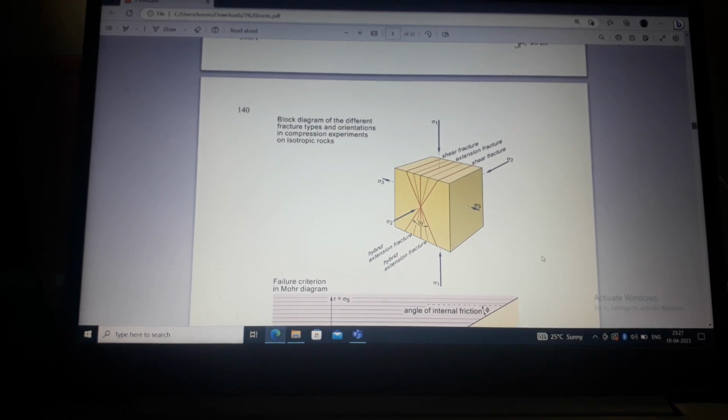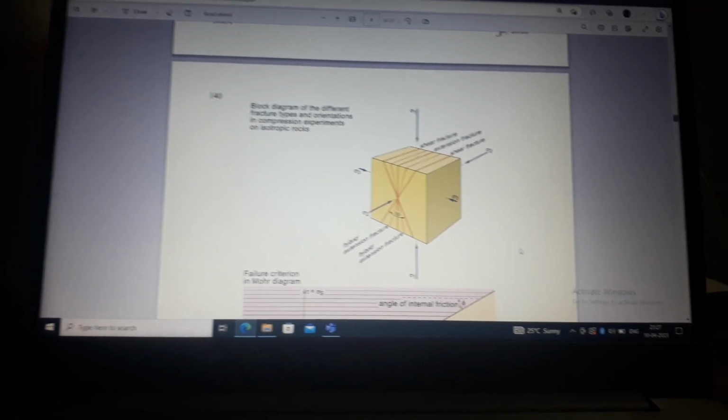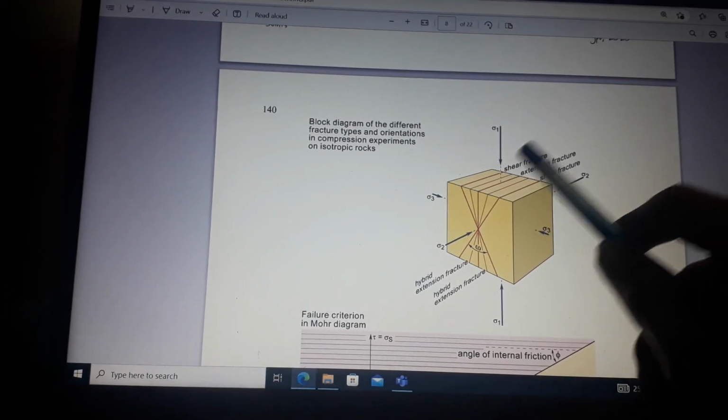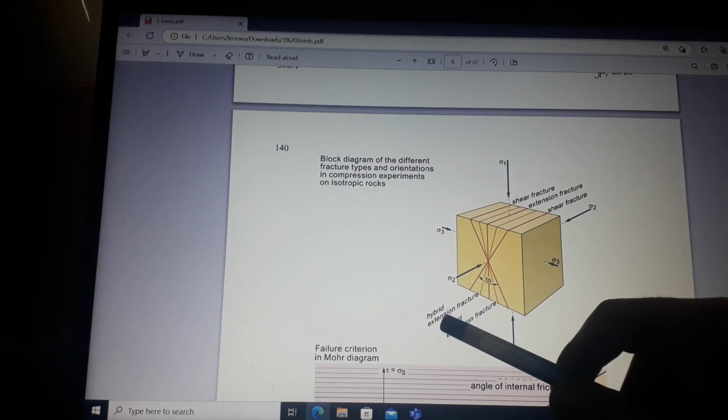Block diagram of different fracture types and orientation in compression experiments on isotropic rocks. This is shear fracture, this is extension fracture, this is shear fracture, this is sigma 1, this is sigma 2, this is sigma 3, this is omega, this is sigma 2, hybrid extension fracture, this is hybrid extension fracture.